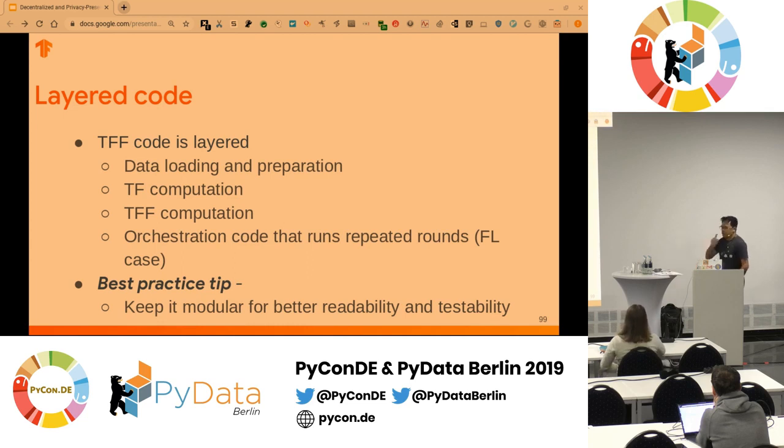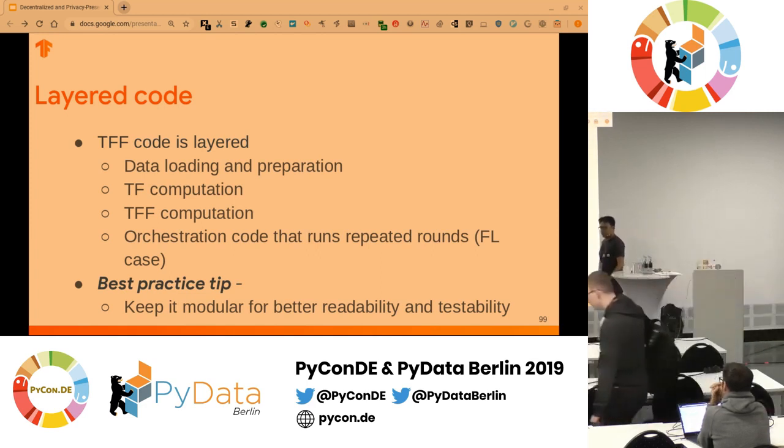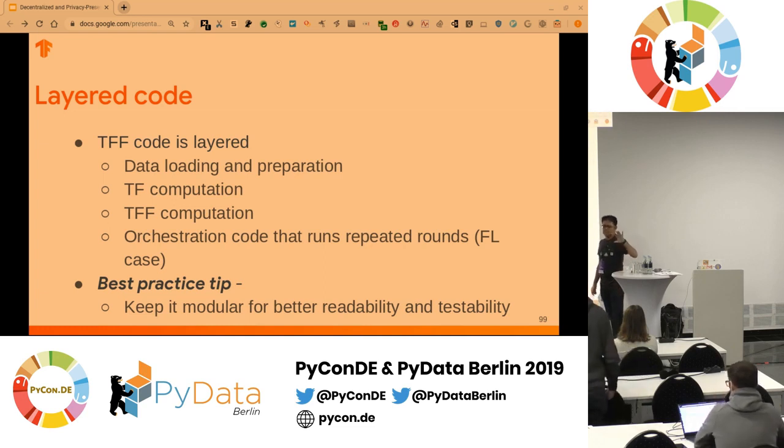I did mention that I would talk about a best practice. So here it is. TFF's code is layered, as I showed. I think of it as three layers, though you could think of more.